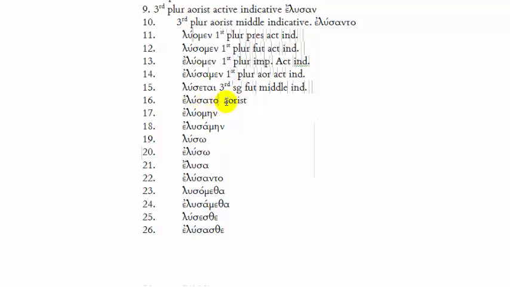Well, remember, aorist is a secondary tense and therefore uses secondary endings in both the active and the middle form. Okay, so remember, men, so, to, metha, sthe, and nto. Okay, so that's what we have here. So it's a third singular, aorist, middle, indicative.